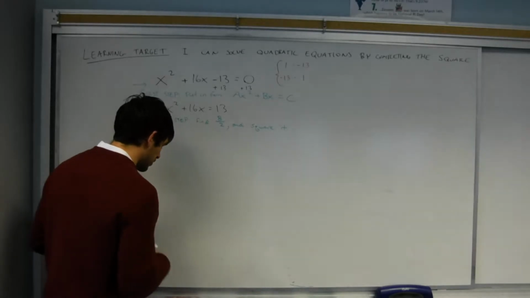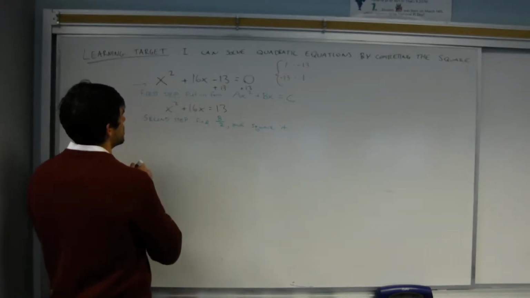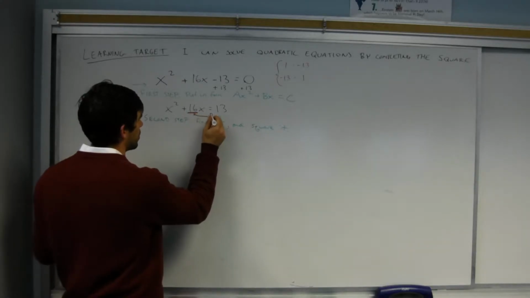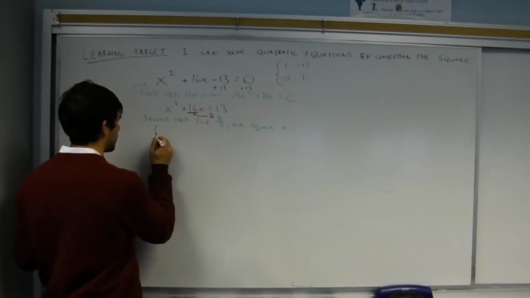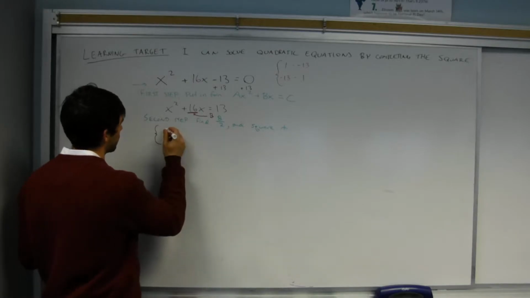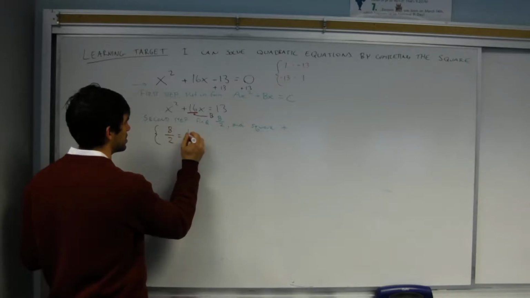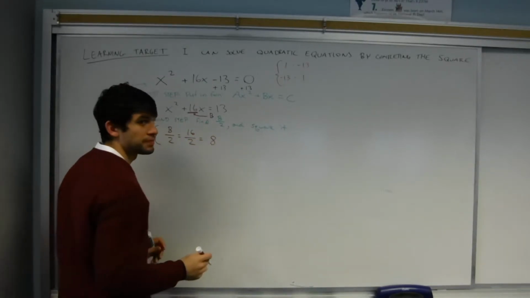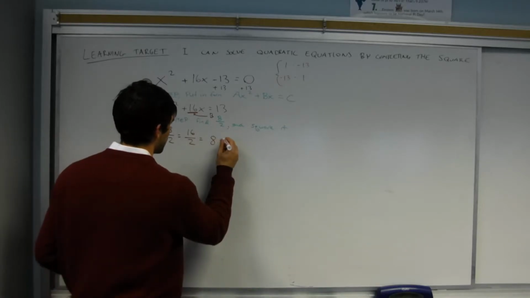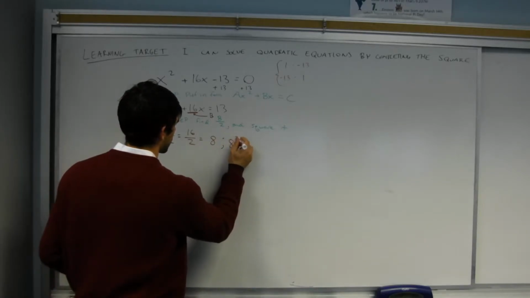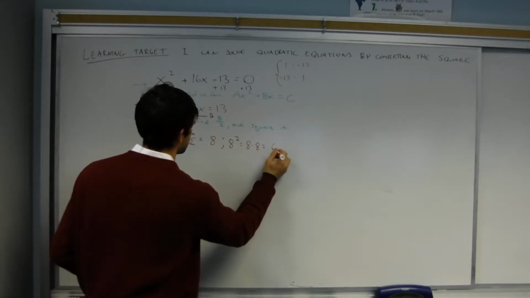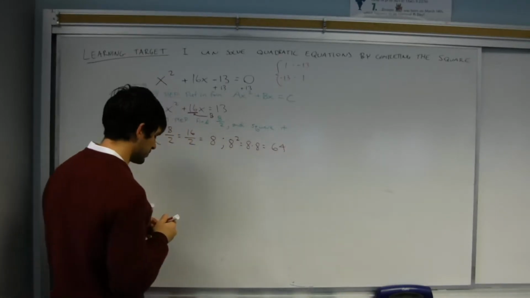So b is going to be 16. We're going to open up another window on the desktop. b over 2 is equal to 16 over 2, which is equal to 8. Then we take 8 and square it, which is 8 times 8, which is equal to 64.